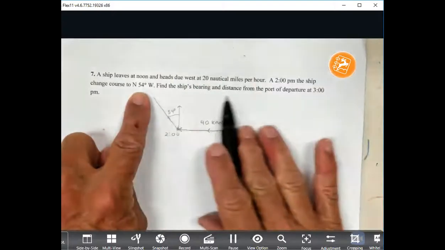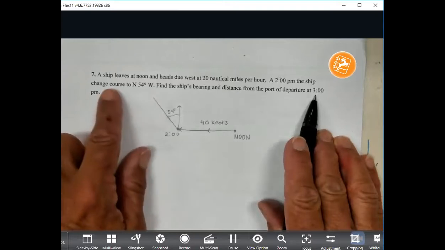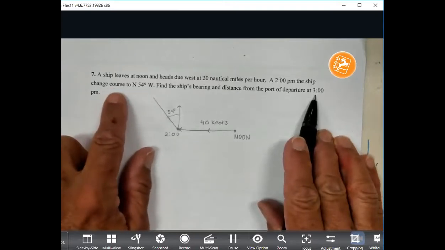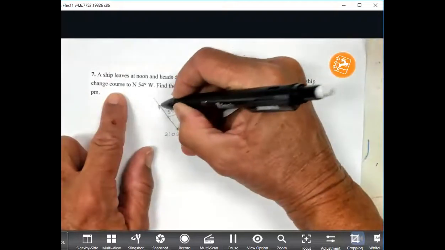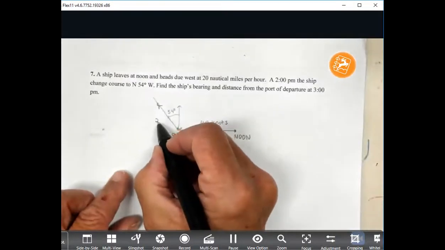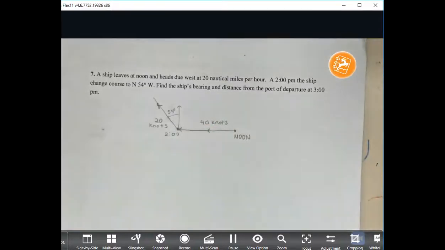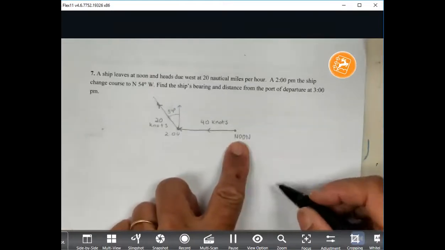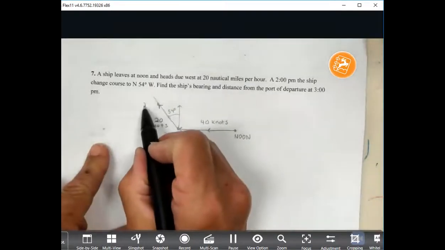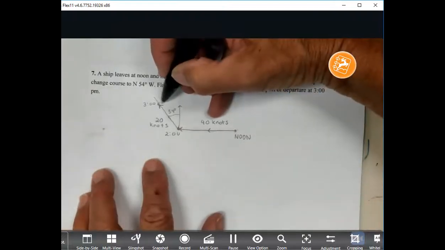And it's going to travel along that line for an hour. I assume it's going the same speed. So let's say that then is 20 knots. Find the ship's bearing and distance from port of departure at 3 p.m. So I want to find this distance.